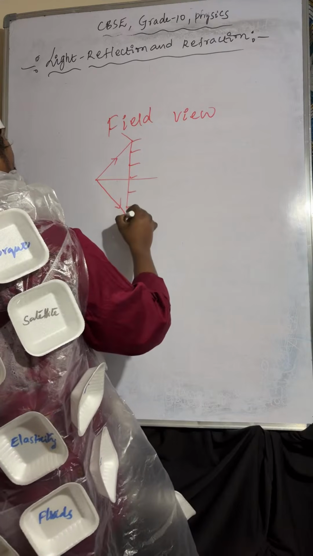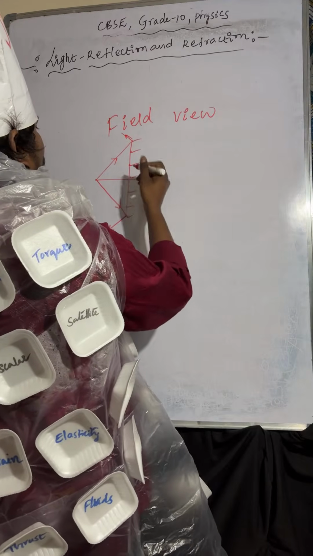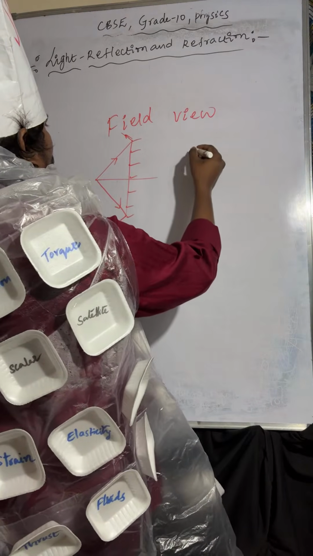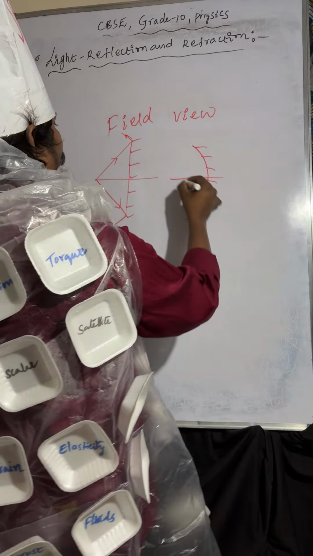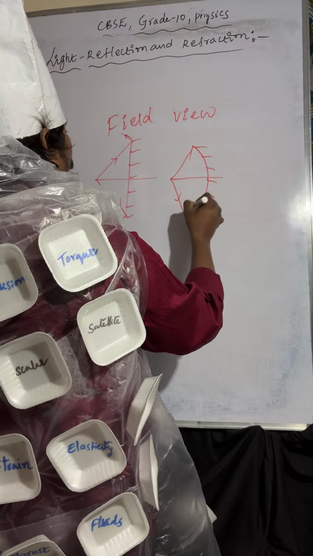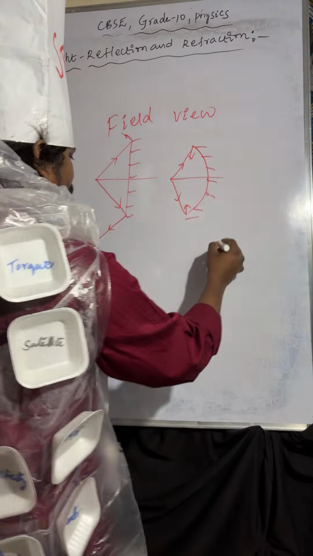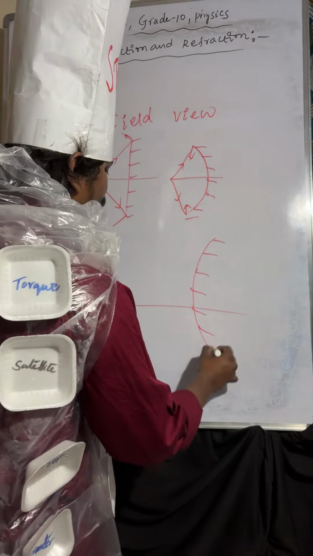The region between the extreme reflected light rays is called field view. Now I'm considering the concave mirror. Only until this point will the light rays meet, and we can see the object. But coming to the convex, the field is more.